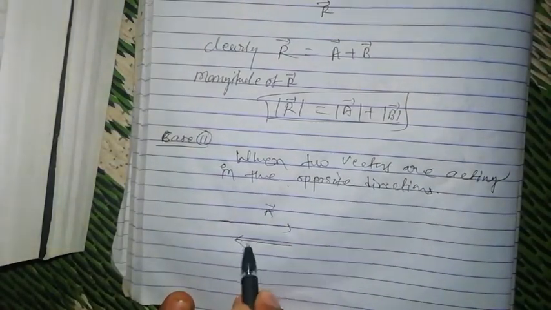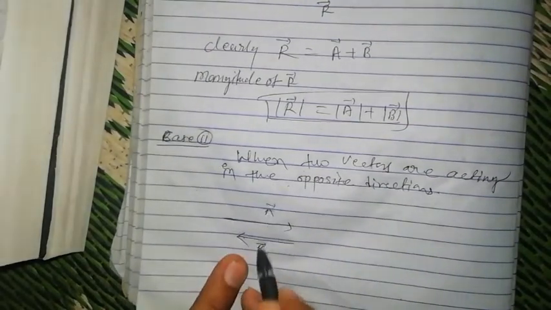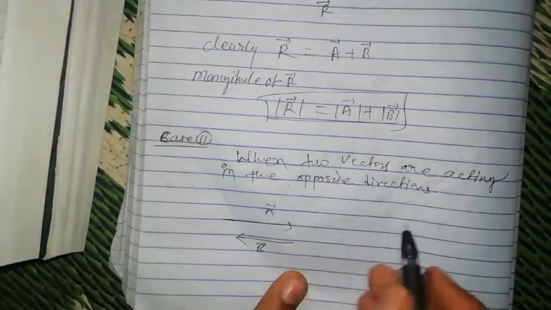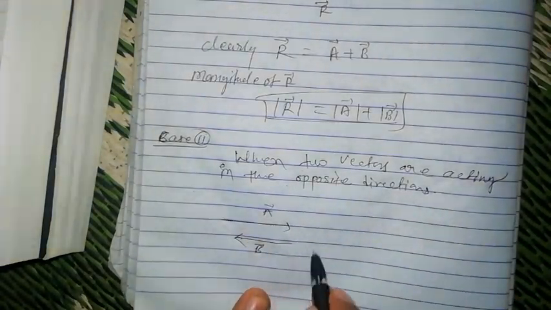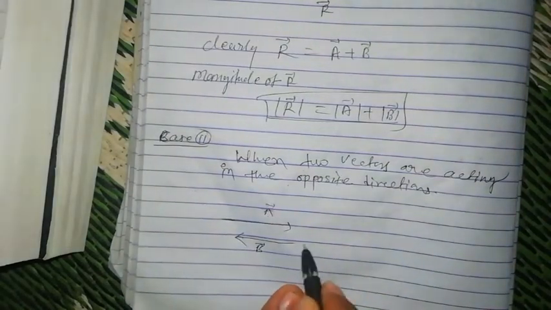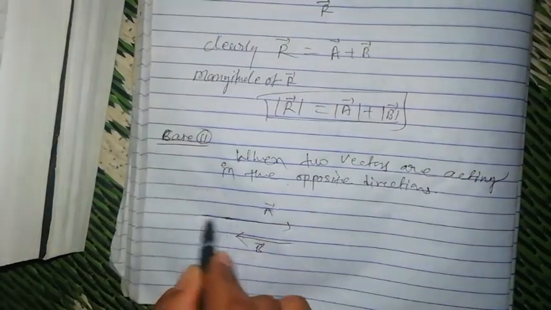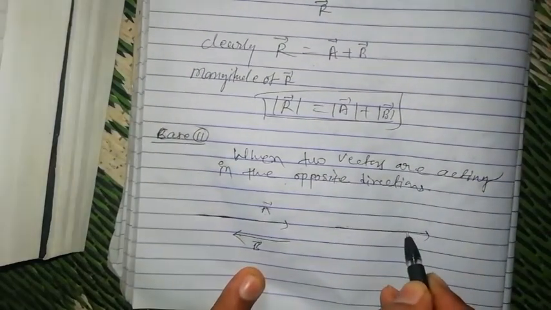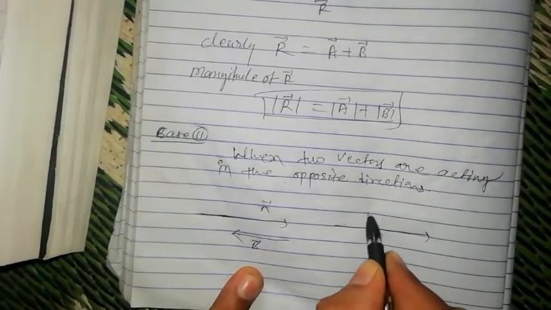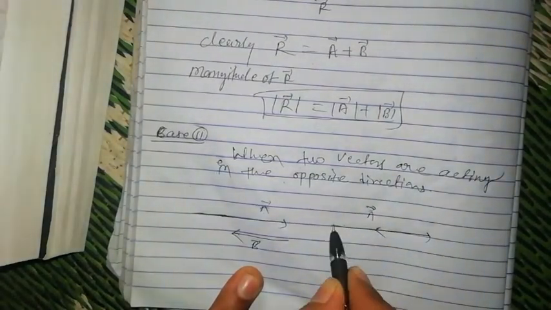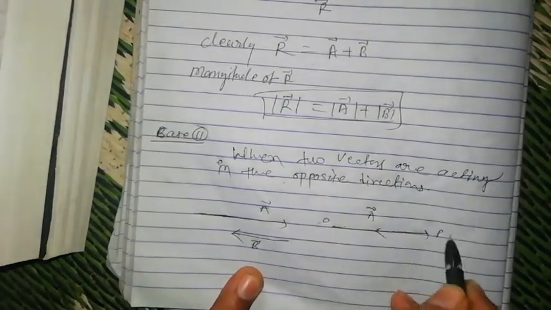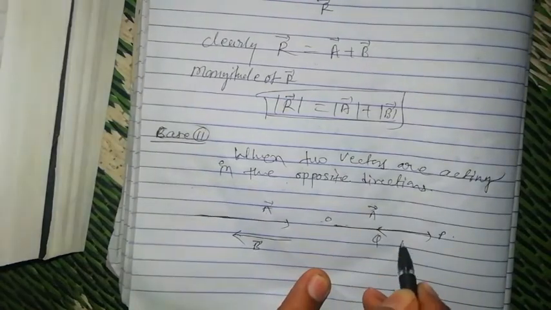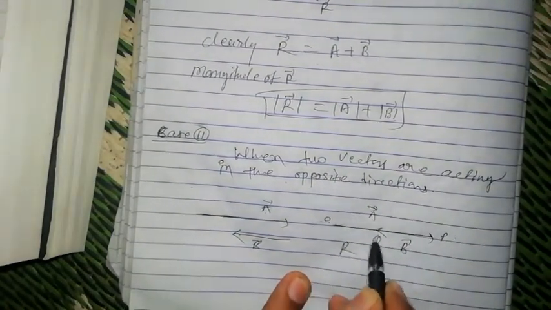In this condition the resultant vector R we can write: OP is the vector A and PQ is the vector B. The resultant vector is OQ.